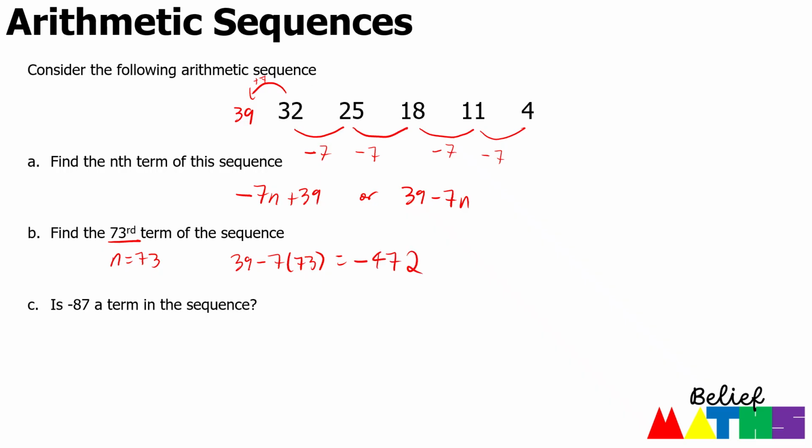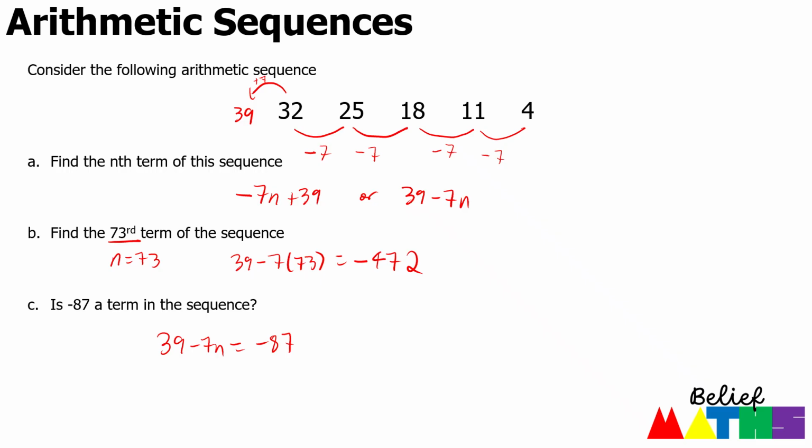The question then asks, is negative 87 a term in this sequence? The previous part asked to find the 73rd term, which means we sub it in. When it's asking us, is this a term, we then let our equation, 39 minus 7n, equal minus 87. We're then going to take away 39 from both sides. So minus 87, take away 39.